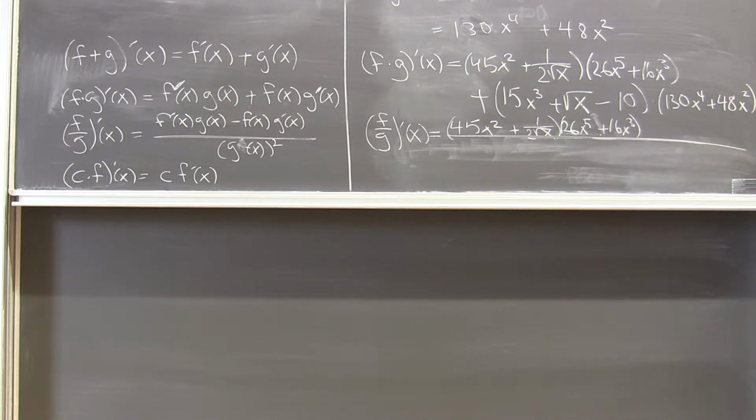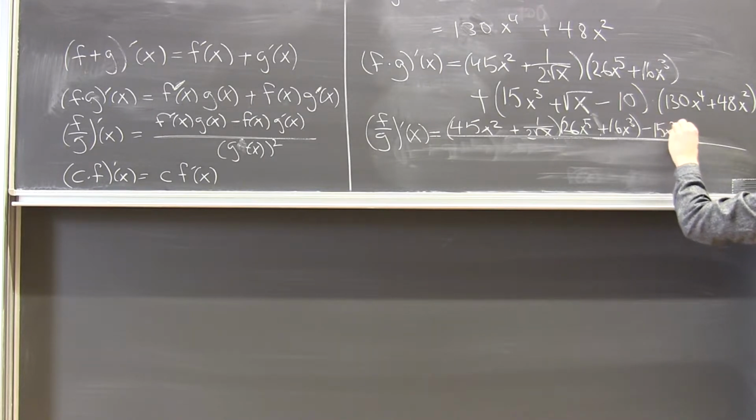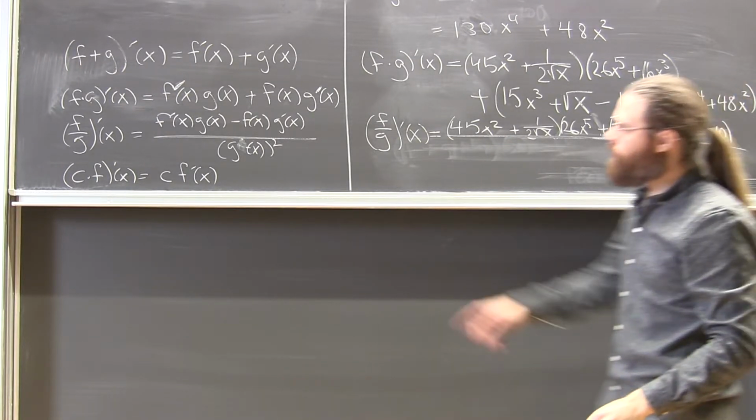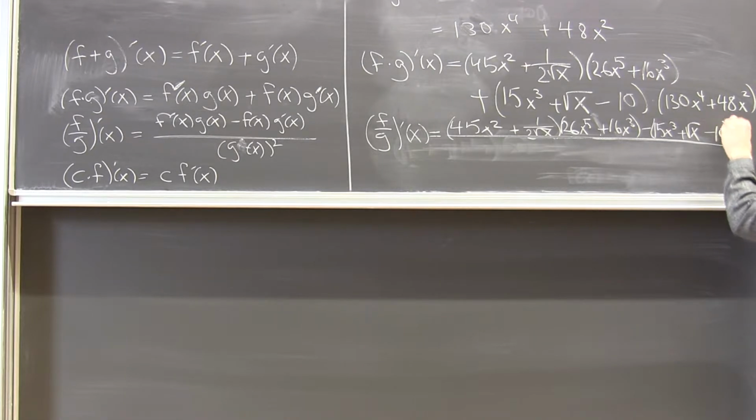Agree? And then minus f, so that's 15x to the power 3 plus square root x minus 10. And this should be multiplied by the derivative of g, which is almost too big to be on the blackboard. I'll just write it slightly smaller.